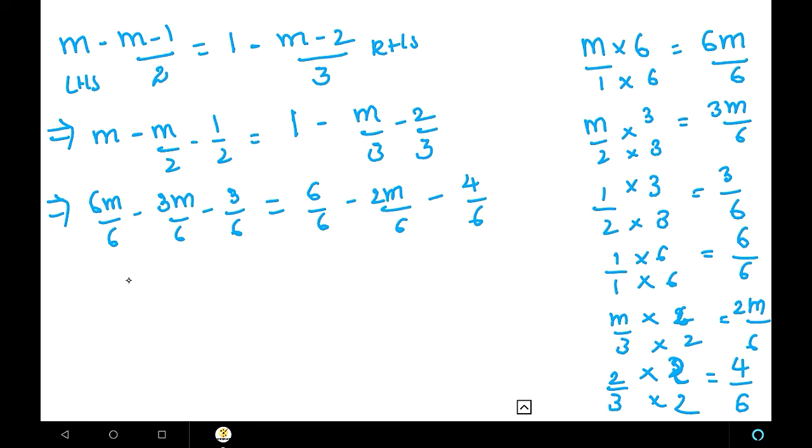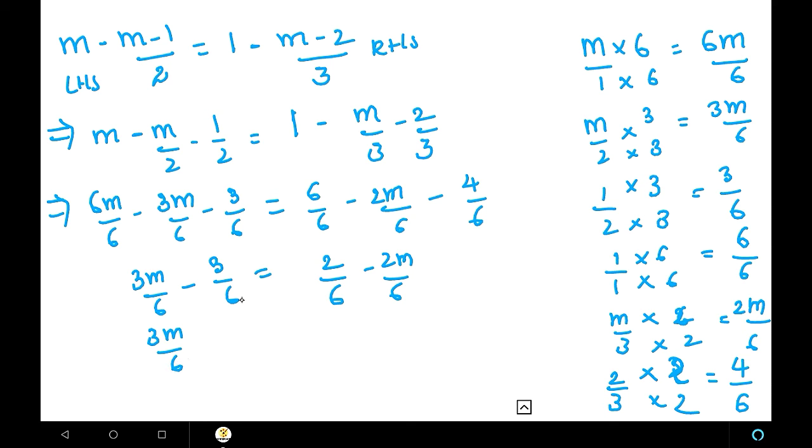Let us simplify this. 6m by 6 minus 3m by 6 gives me 3m by 6, minus 3 by 6 equal to 6 by 6 minus 4 by 6 gives me 2 by 6, minus 2m by 6.